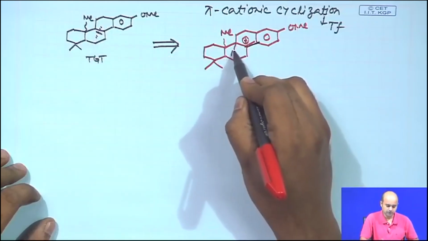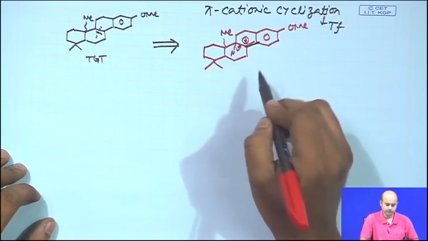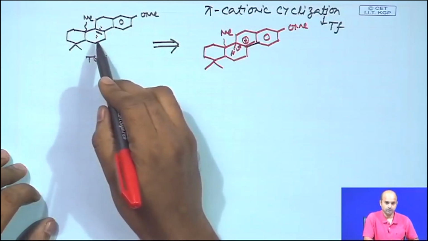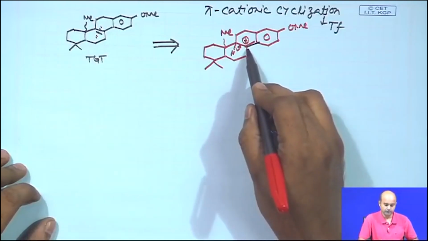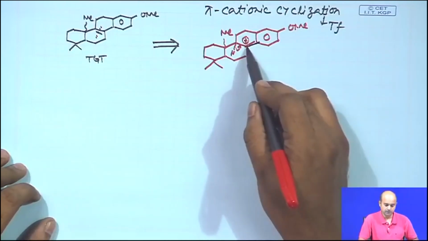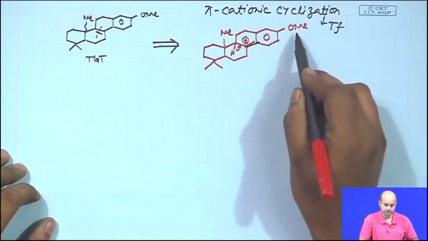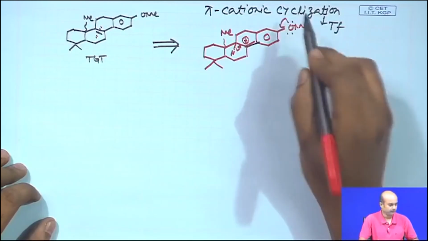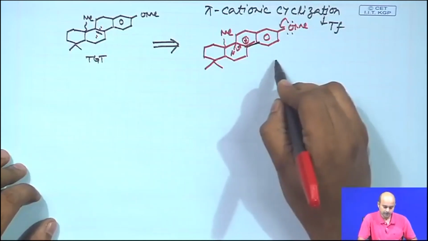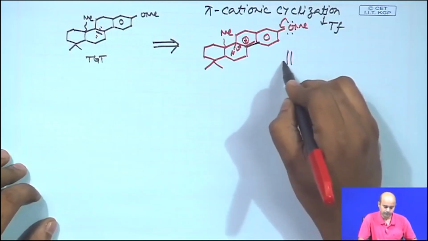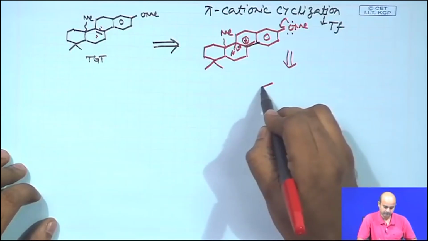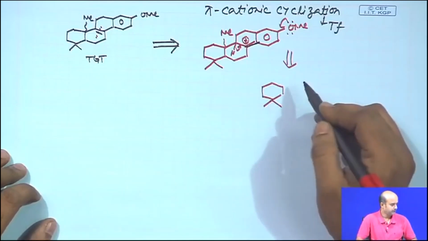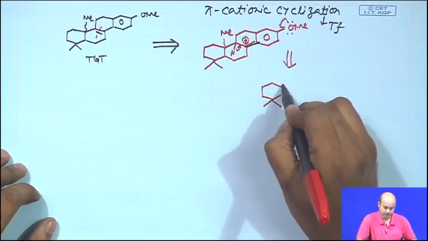This hydrogen will then eliminate to give this molecule, and as I said, the driving force is that the para-methoxybenzyl cation is stabilized by the electron releasing para-methoxy group. So, this was the next retro. The next retro is crucial, you check it carefully.